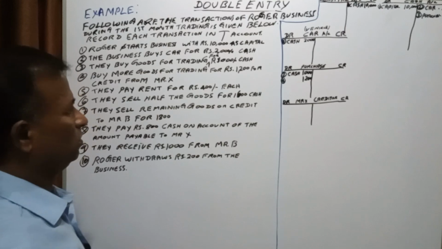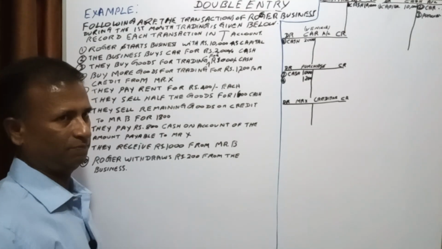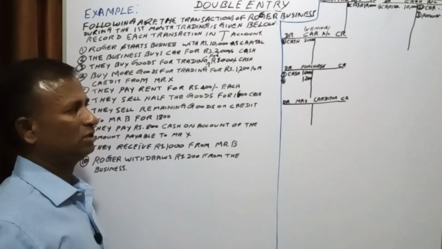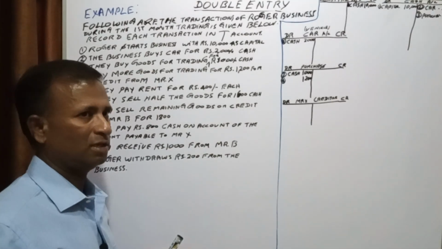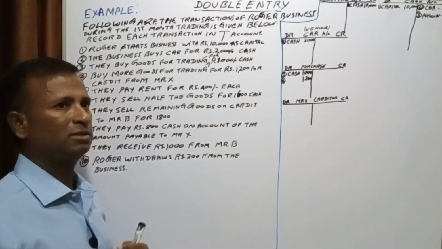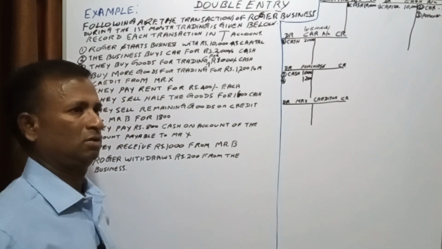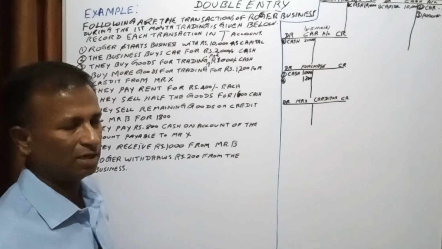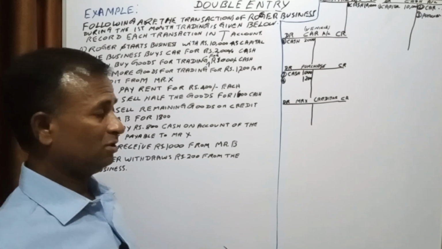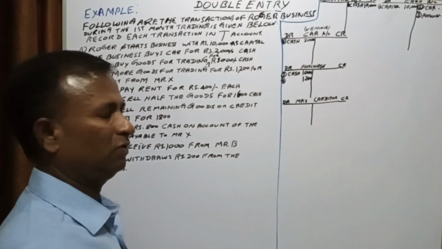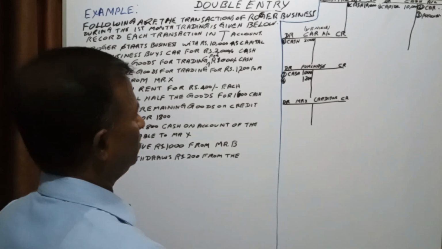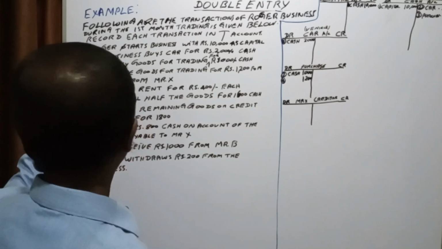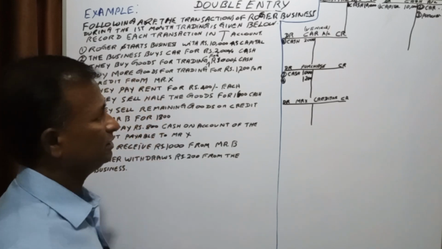Creditor in the sense of liability. You have to understand which accounts come under assets and which come under liabilities. Liability means something we have to give. Assets include current assets, and receivables are current assets. Later on I will explain to you. Mr. X is the creditor, so creditors will increase.